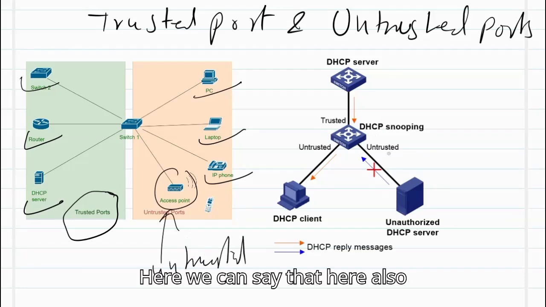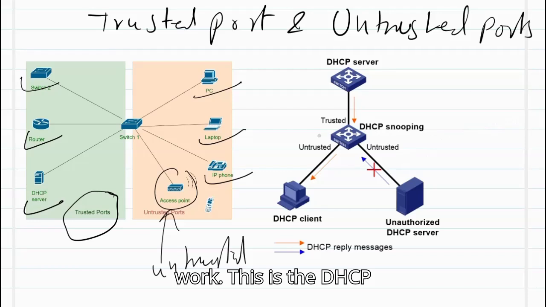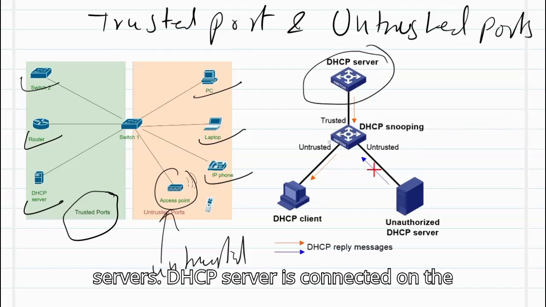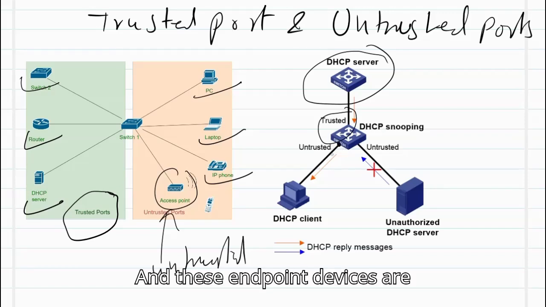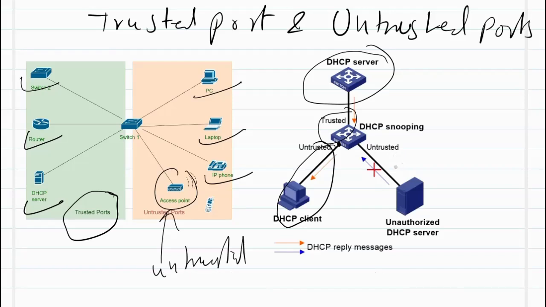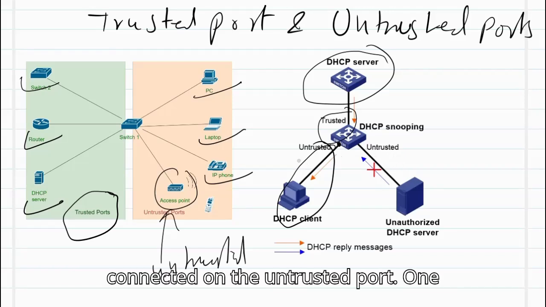Here we can also see how the DHCP server works. This is the DHCP server. The DHCP server is connected on the trusted port here, and these endpoint devices are connected on the untrusted port.